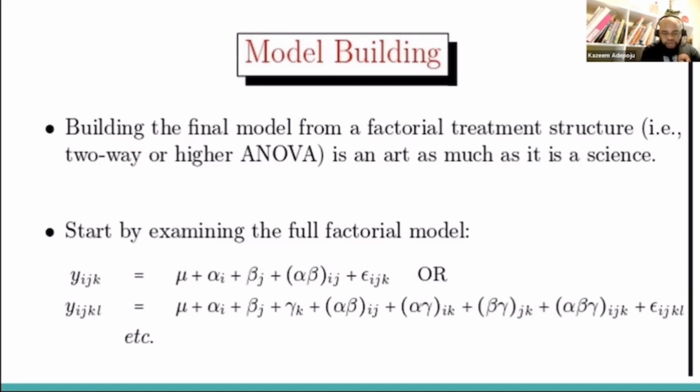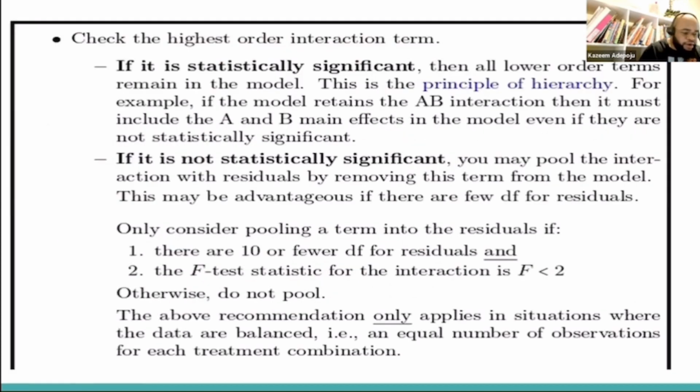Now, when you take a look at the first one here, this is a two-way ANOVA model with interaction. And this one here is a three-way ANOVA model with interaction. Of course, I've walked you through this in class. So these are our models, and these are full factorial models. In the full factorial model, we have a complete specification of these models.